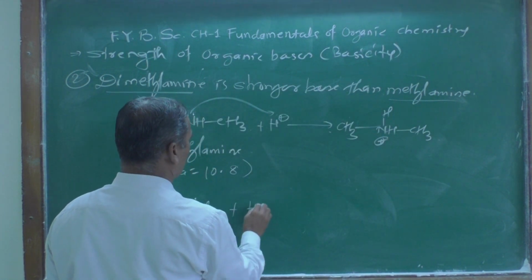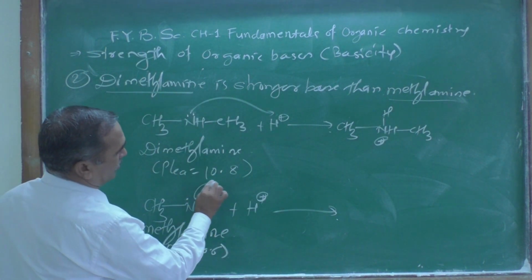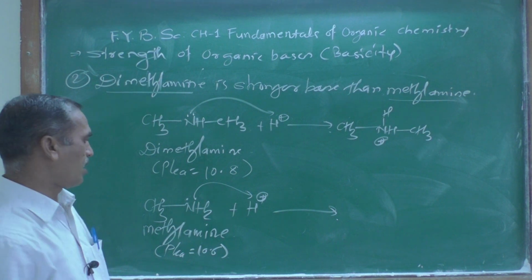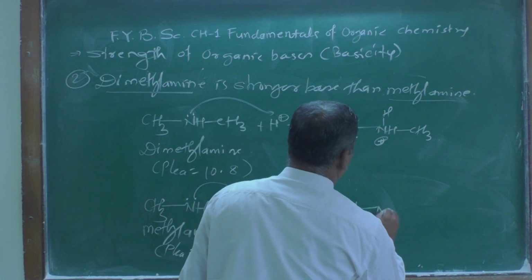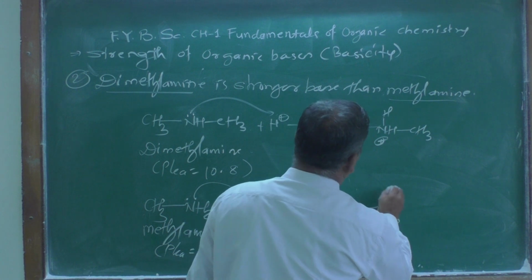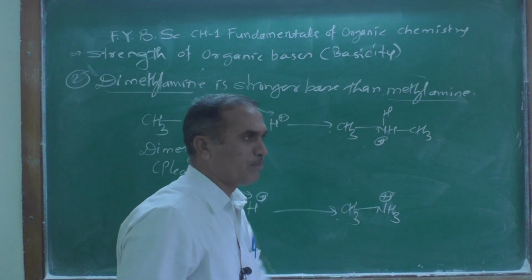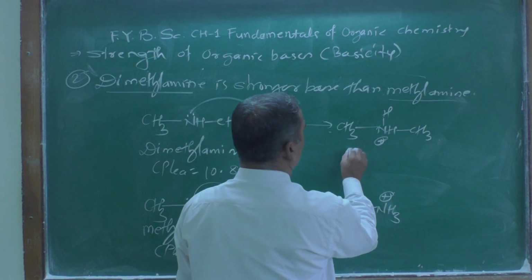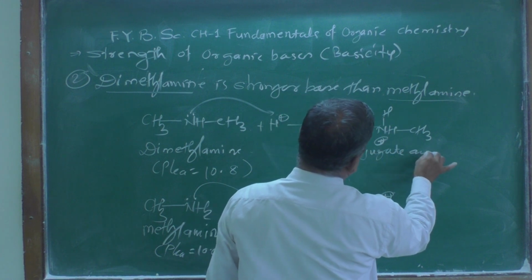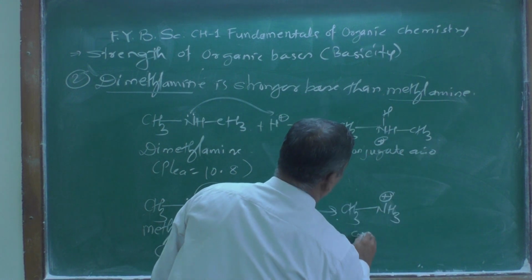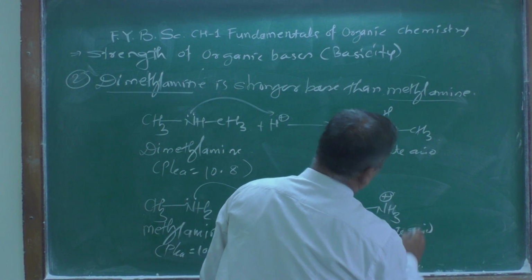Similarly here also H plus, again this lone pair attacks the proton, and the resulting compound you are going to get is CH3, then NH3, positive charge. Whatever resulting compounds these are, they are known as conjugate acids. These are the conjugate acids.